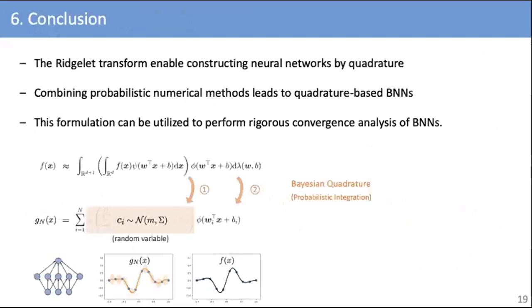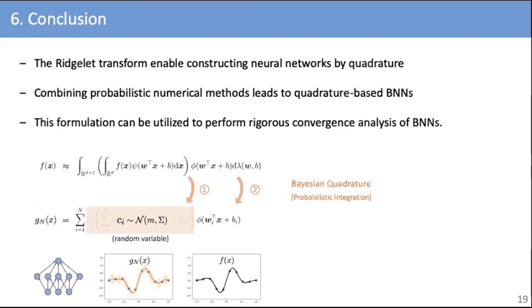To conclude this talk, I quickly reviewed the Ridgelet transform and how it enables us to construct a neural network by quadrature methods. Then I discussed the probabilistic numerical method, which fundamentally gives us a quadrature-based Bayesian neural network. I haven't talked about the details.